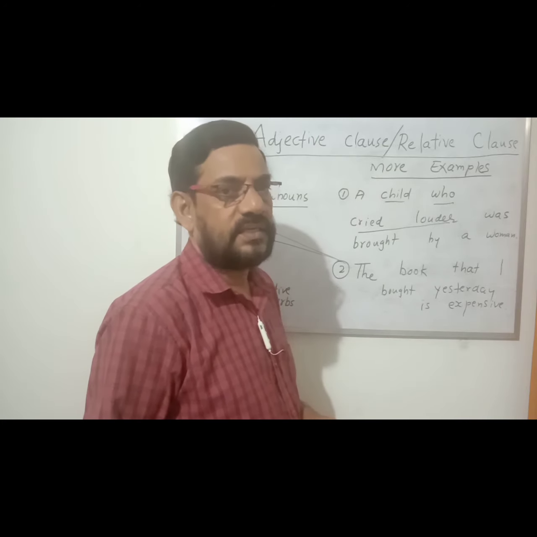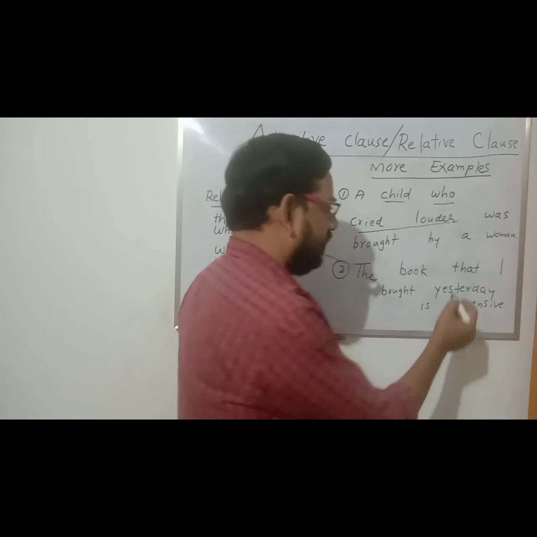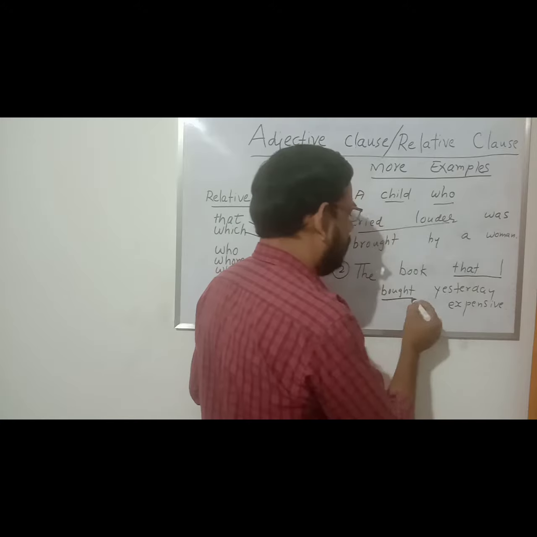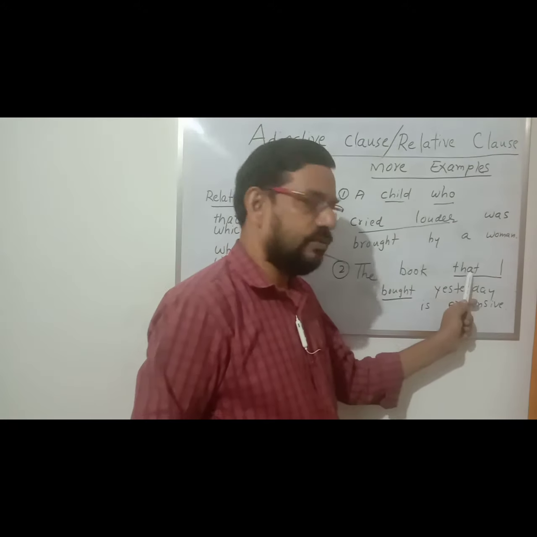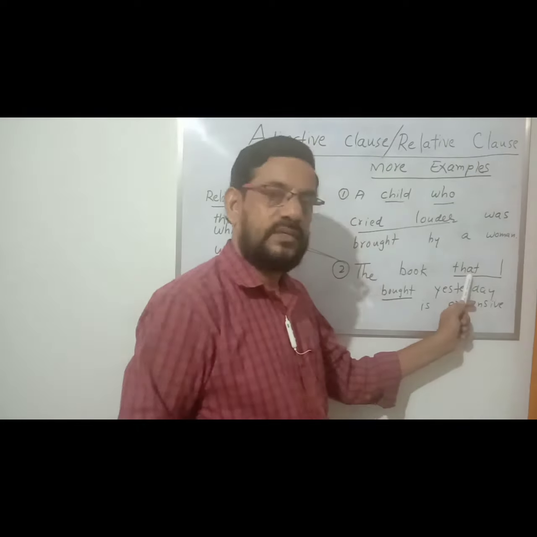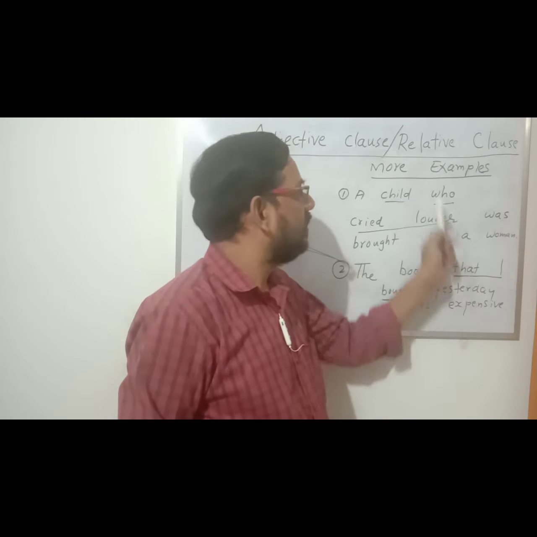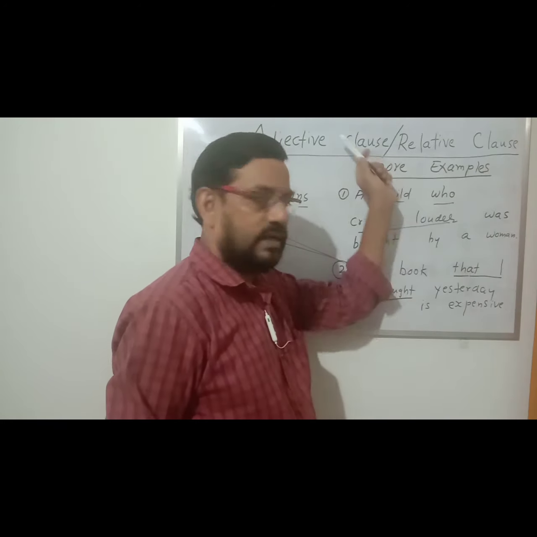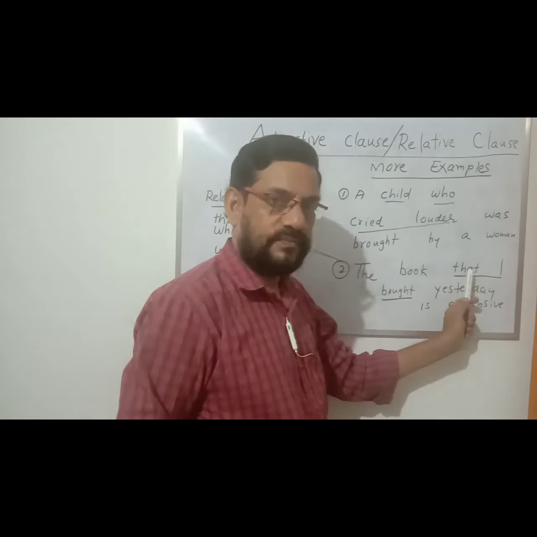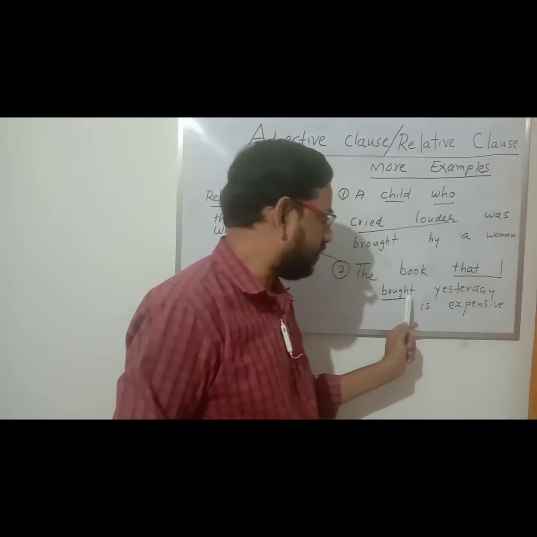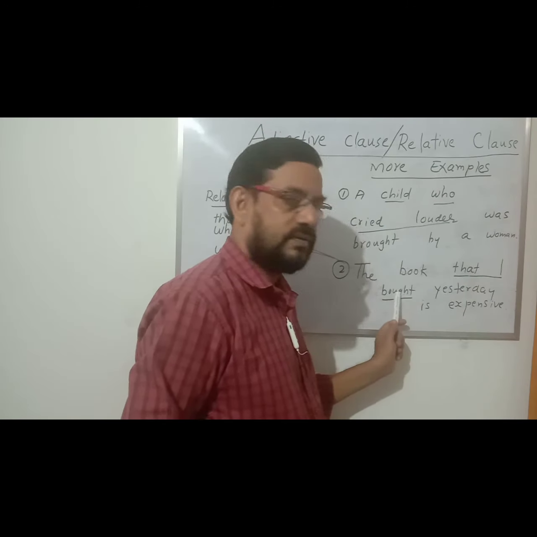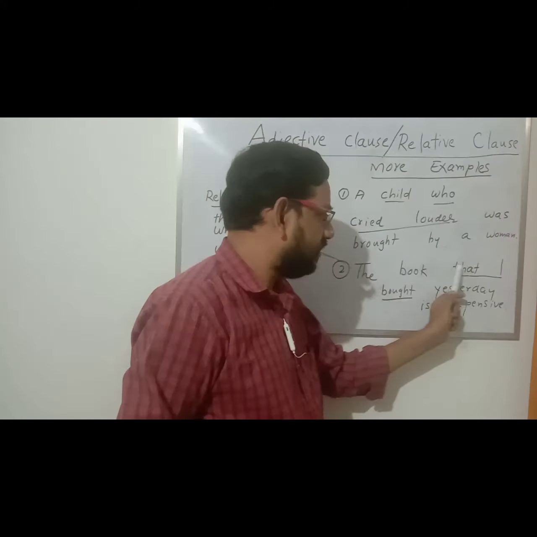So what is the adjective clause used here? That I bought. Okay? One relative pronoun is used to start this subordinate clause. Relative clause or adjective clause is a subordinate clause. That is why this word that is used. The book that I bought. Which book? That I bought.